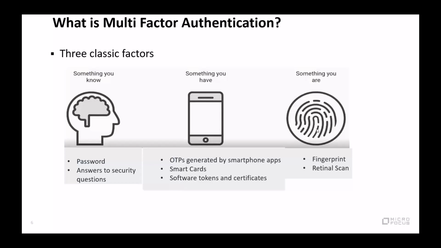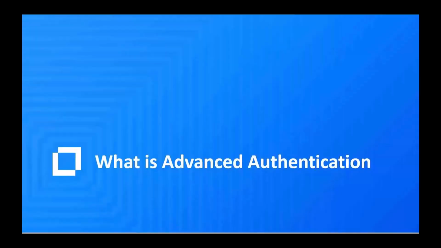The third factor of authentication is something you are, such as your fingerprint or retinal scan, which works only if you are physically there. Since these three factors are totally distinct, it is difficult for all of them to get compromised at once. This is what makes multi-factor authentication more secure.